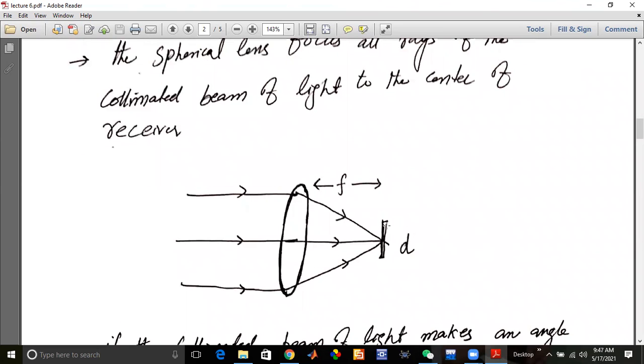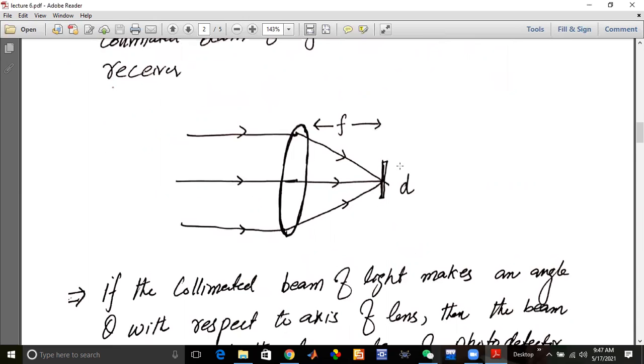So this is the receiver and this is its center. The collimated beam of light will focus all the rays to the center of the photodetector. And you see that this photodetector is just a line.